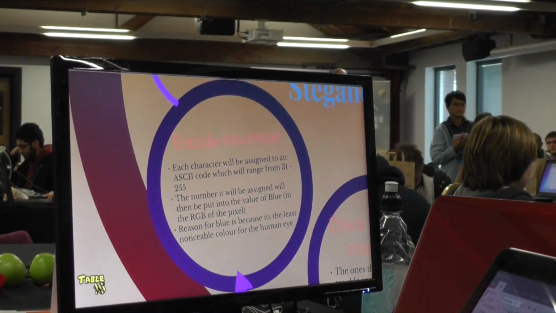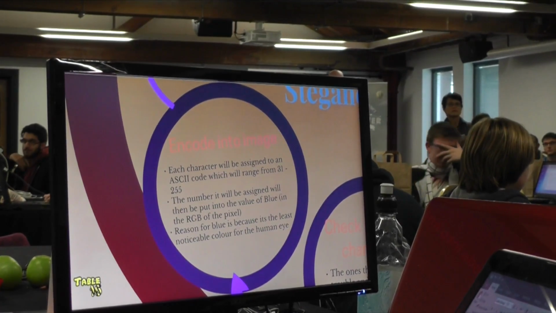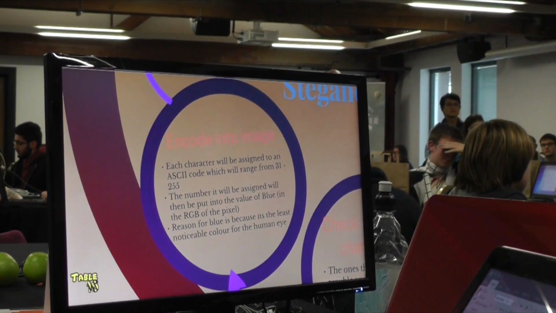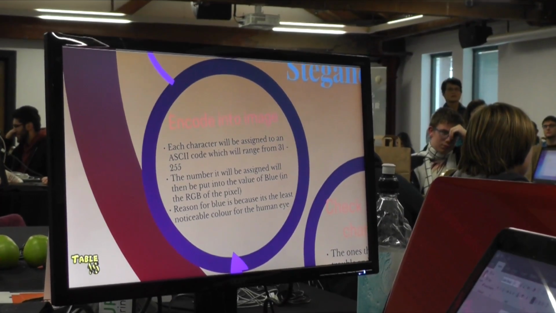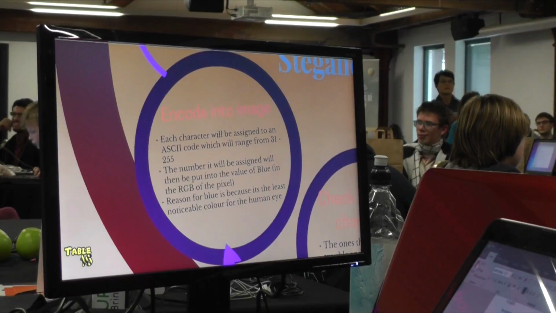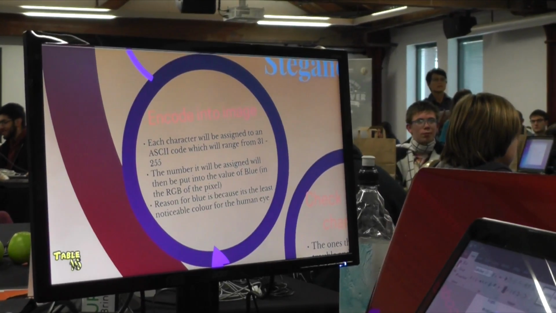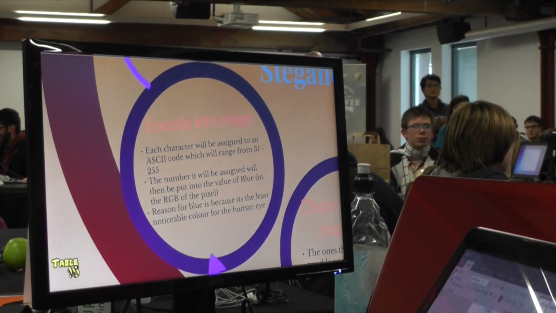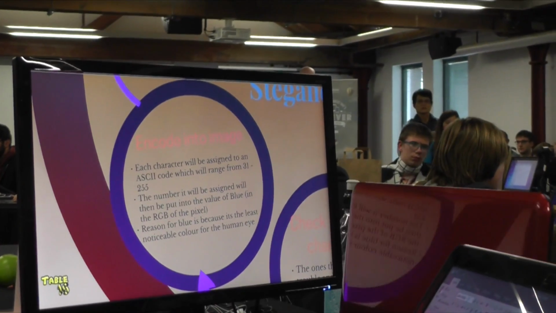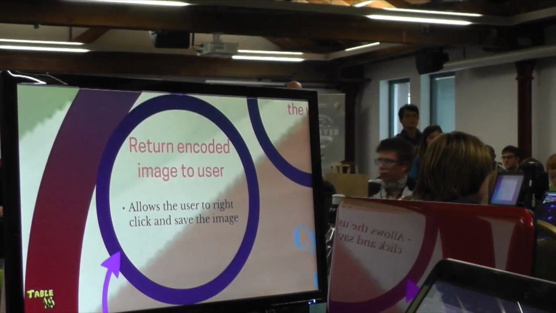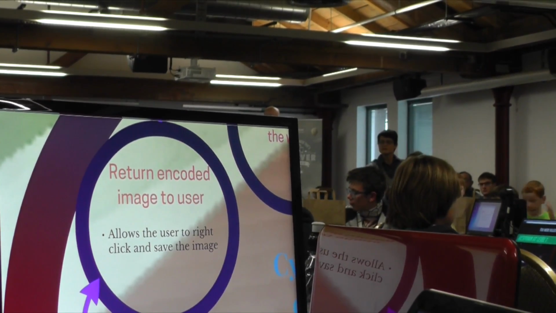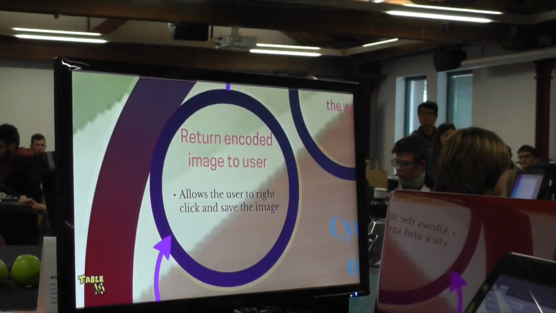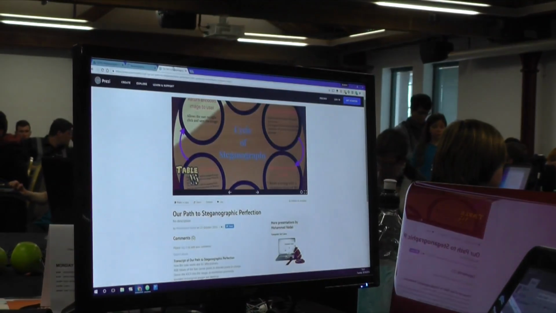And we use these numbers to find pixels which we want to change and alter their RGB values. We do this by making sure that the total RGB values of the pixel we're going to change equals the ASCII number that we're going to encode. Once it's encoded, we can let the user right-click it and save the image, which Shabam will now show.